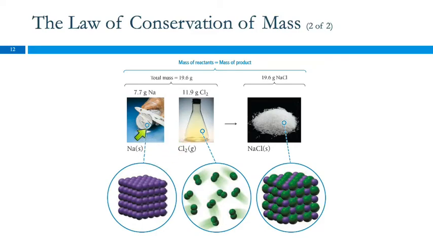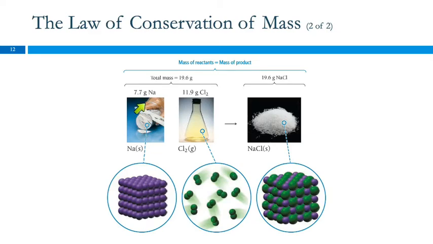If we were able to zoom in and look at the atoms, we would see that sodium atoms, they're not purple, but I use colors somehow, are all lined up together in a nice crystalline form, very close together. This is a solid. Chlorine is a gas. It's not formed of individual atoms, but of pairs of atoms in molecules, and they're floating around, moving through space, and there's a lot of empty space between them.